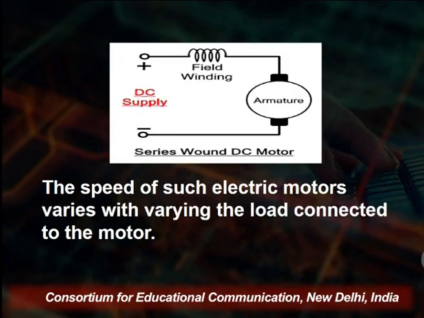Another is the shunt wound DC motor, which has the field winding connected in parallel with the armature winding, and it allows full terminal voltage. And this is the compound wound motor, which features both series wound and shunt wound characteristics.